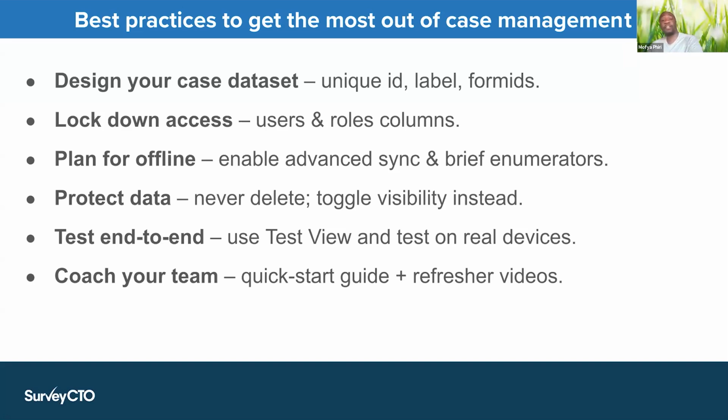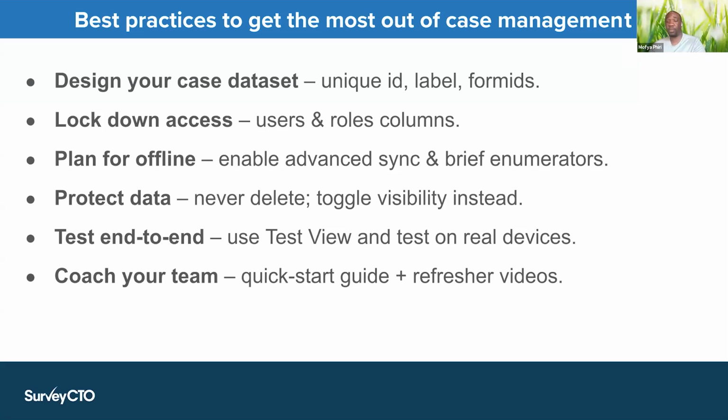Then also think about access control right from the start. You can use the users column, the roles column, and the enumerator column within the cases dataset to explicitly define who can see and access which cases.